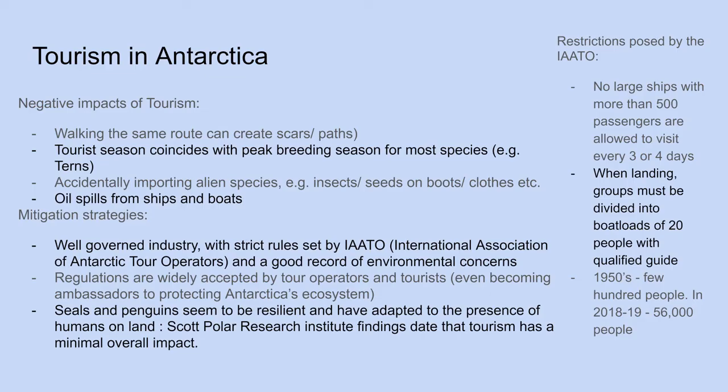Some mitigation strategies implemented are from the IAATO, which is the International Association of Antarctica Tour Operators. It's a well-governed industry with strict rules and a good record of environmental concern. Their regulations are widely accepted by tour operators and tourists. These tourists even become ambassadors for protecting Antarctica's ecosystem.